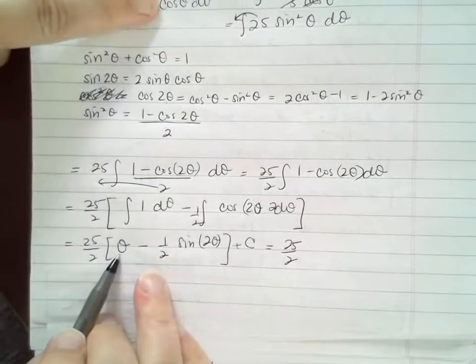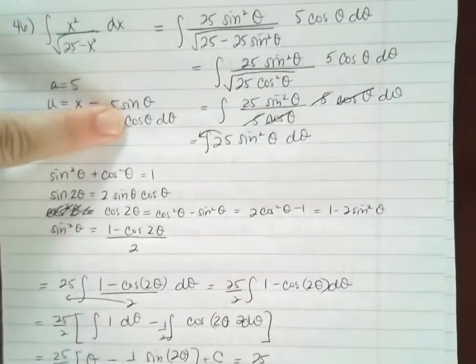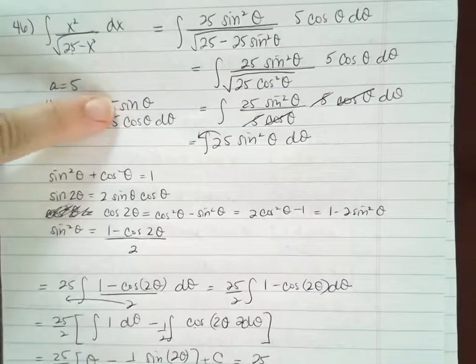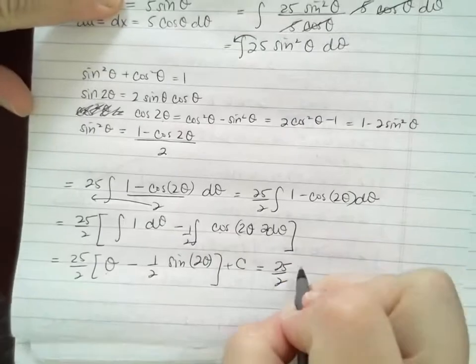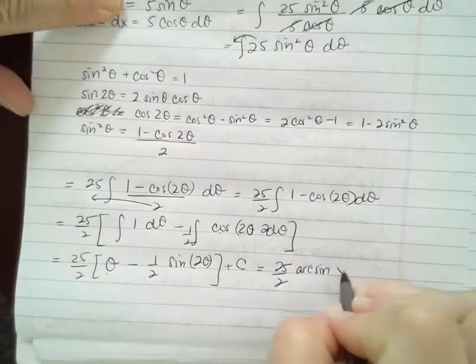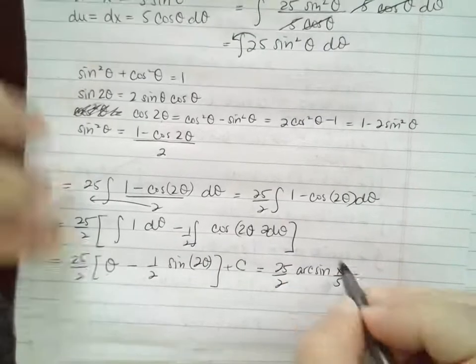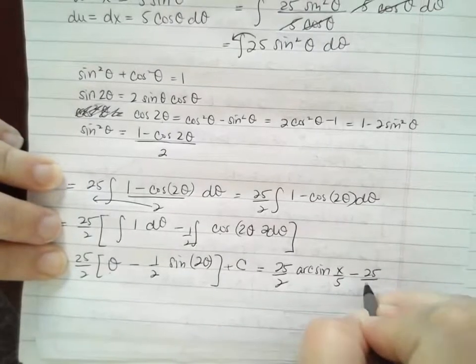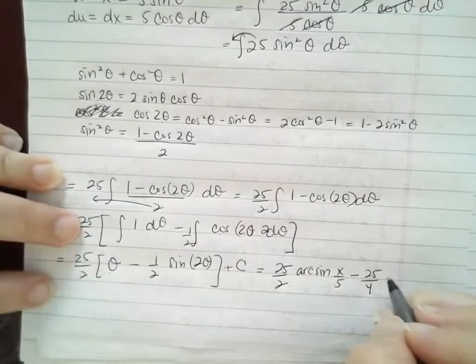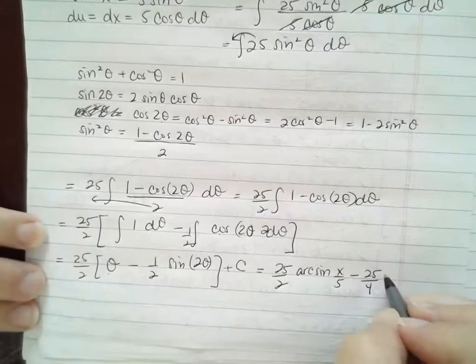Theta is going to be equivalent, if we look back here, to the original statement. If I solve that for theta, I get the arc sine of x over 5. The 25 and the 1/2 are going to distribute, and I get 25 halves and 1/2. 25 over 4.